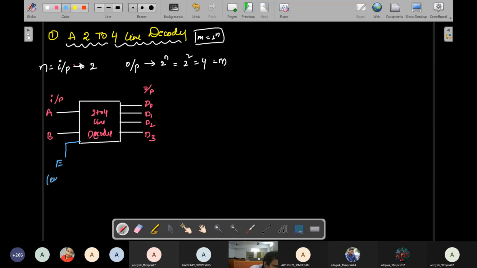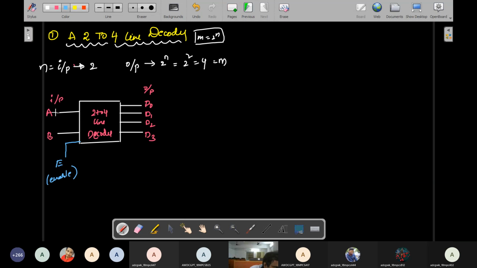This is about the 2 to 4 line decoder. In a diagram, A and B are the two input lines, and D0, D1, D2, D3 are the output lines. Maintain it every time: enable is at high condition only.